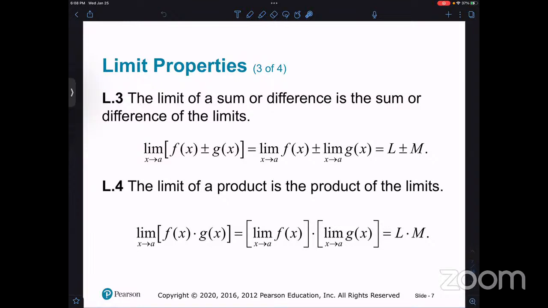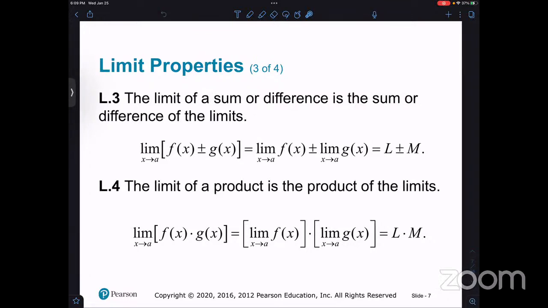So the limit of the sum is going to be the same as the sum of the limits. The limit of a product is going to be the same as the product of the limits. It's close enough to say that we're essentially just distributing that function. It's not really multiplication. These are just some properties that hold when we're working with limits.